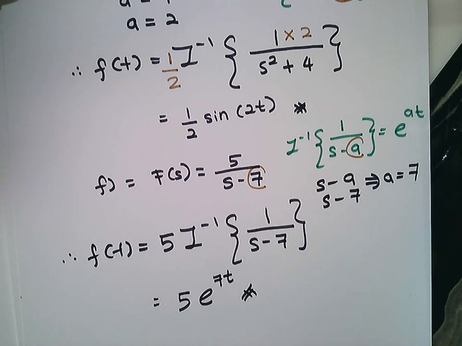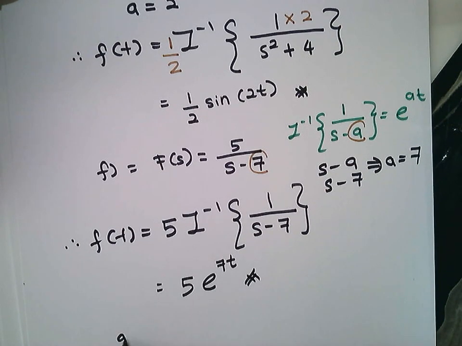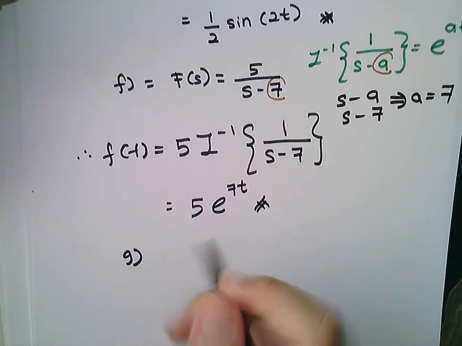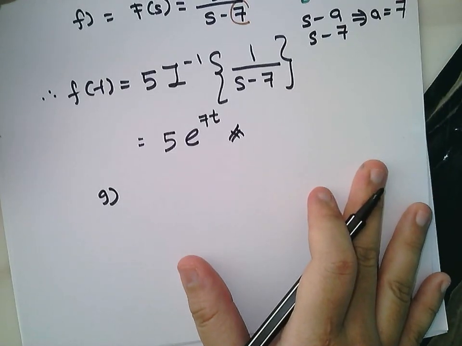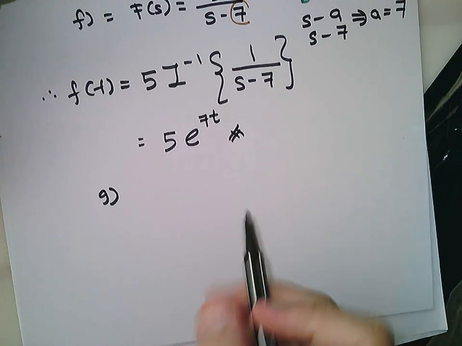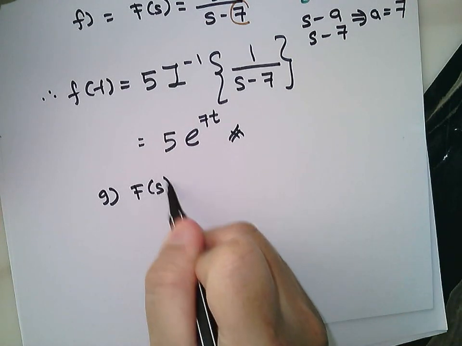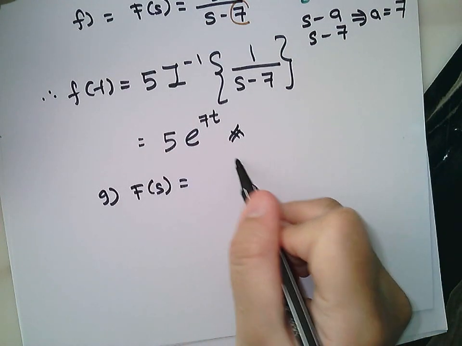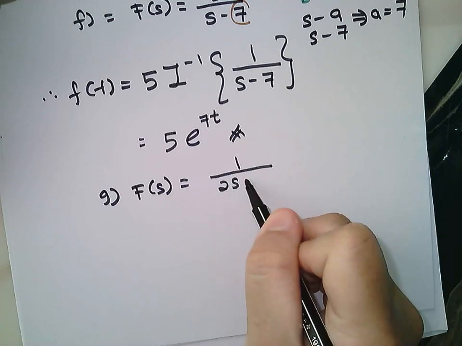So the next one. If your F(s) is equal to 1 over 2s plus 5.